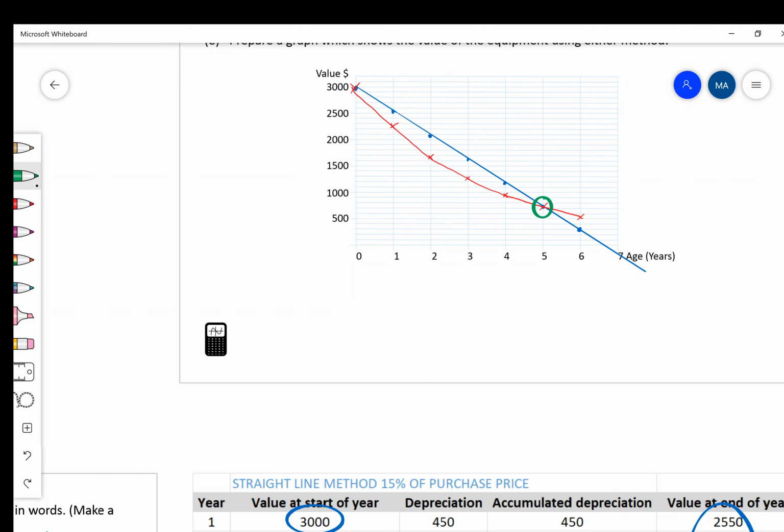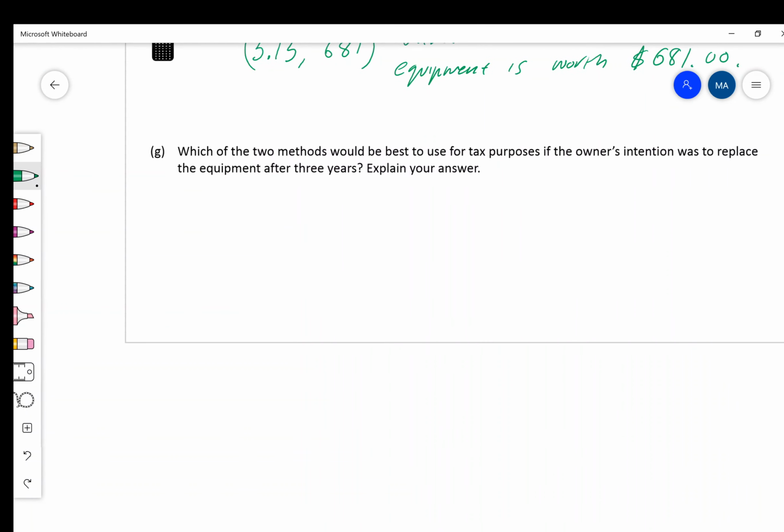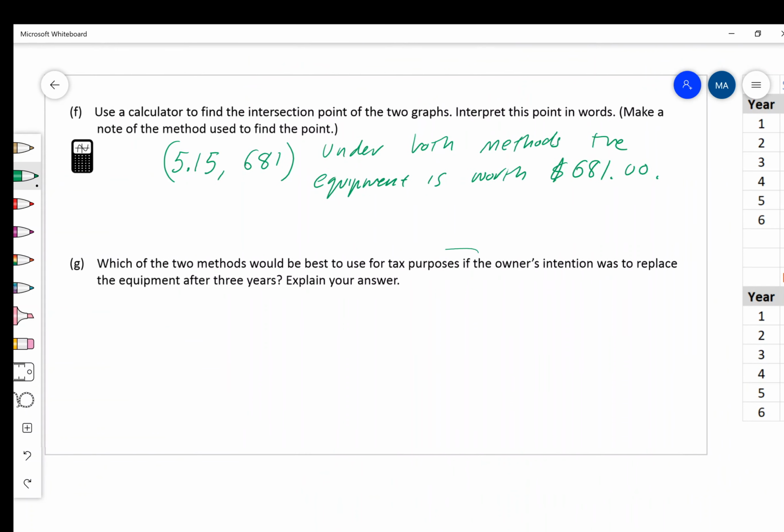So if it's for tax purposes, we would definitely choose the straight line method because, I beg your pardon, no, sorry. We would definitely choose the reducing balance method, sorry, because there's more depreciation. Okay, so that would lead to a bigger tax claim. So if it's for taxation purposes, we want the biggest depreciation, so most depreciation.